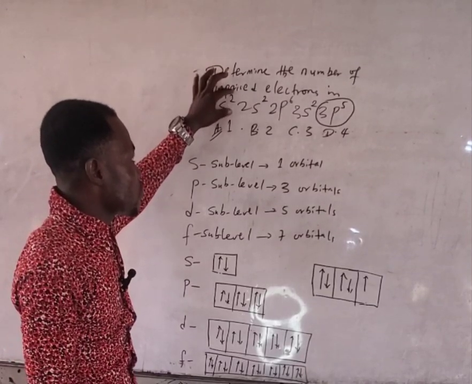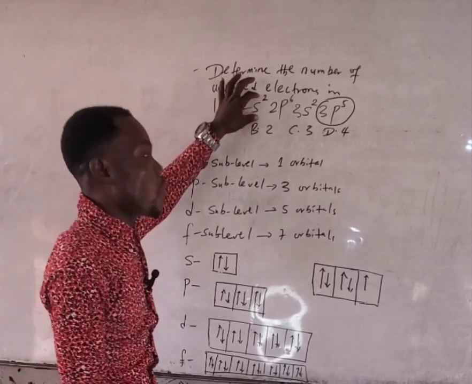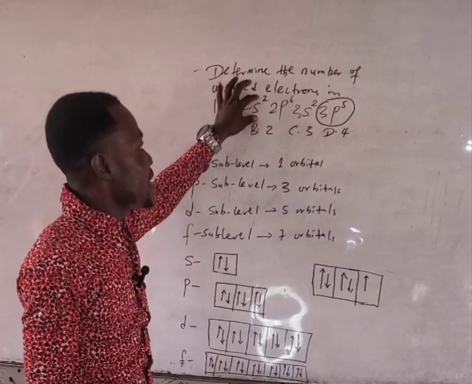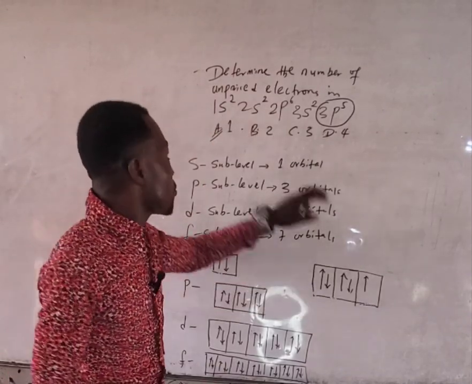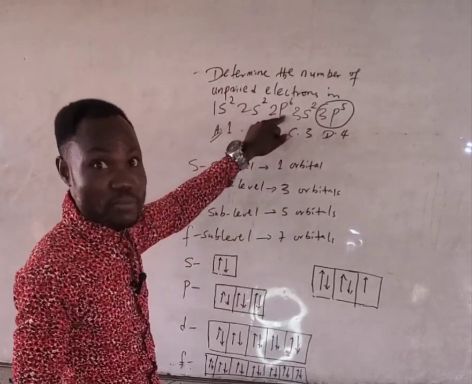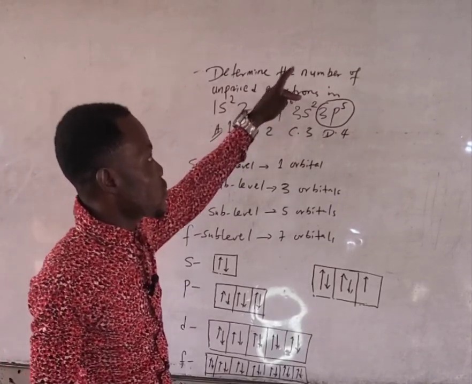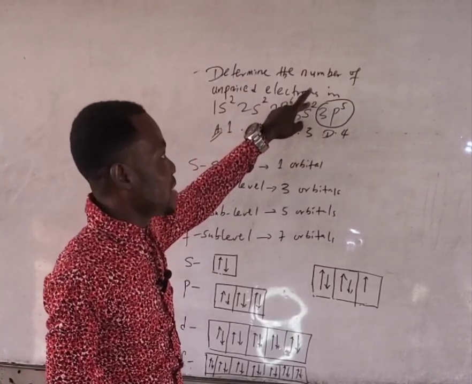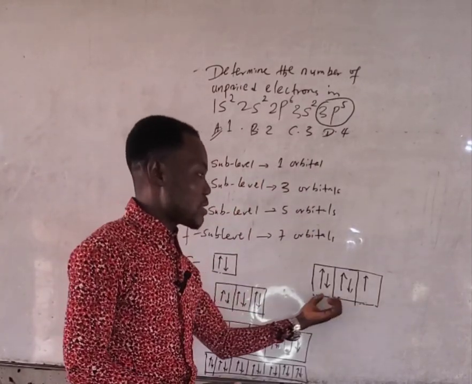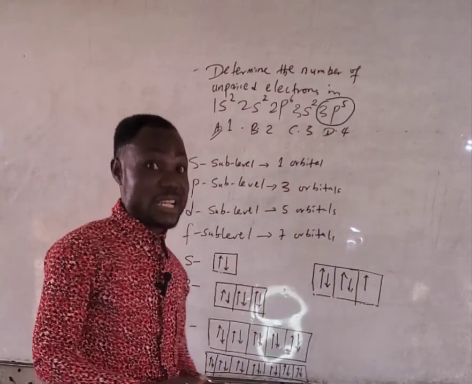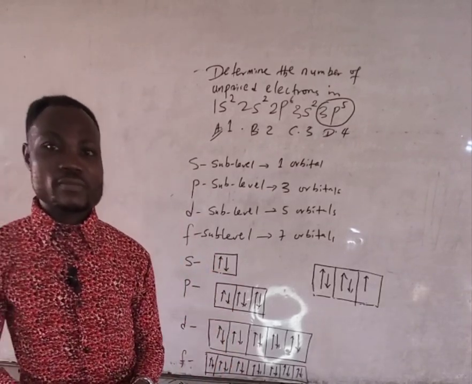Remember, this has to be completely entered before this. This is 1 pair, another 1 pair here, that is 2 pairs. Now in this P here, there are 3 pairs. 1 plus 1 plus 3 here is 5. Then plus 2 here, 6. Then plus another 2 on this one, 8. So that makes a total of 8 paired electrons.